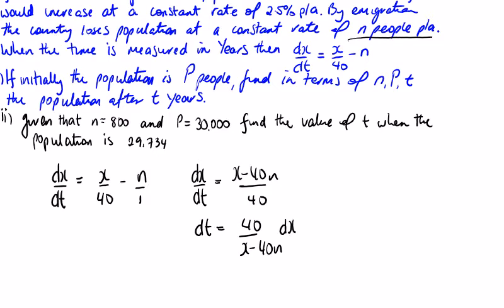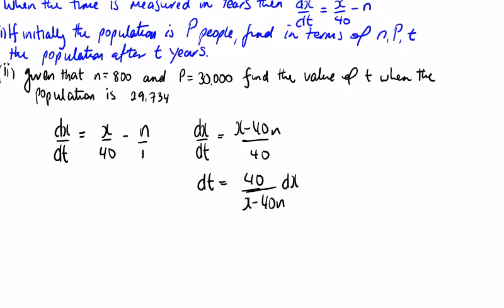I could leave the 40 there and integrate it with the 40, but I could also divide by 40 and integrate. We know if we integrate dt, we're going to get back to t, so it doesn't really matter which way we do it. So let me divide by 40 and we'll do it that way.